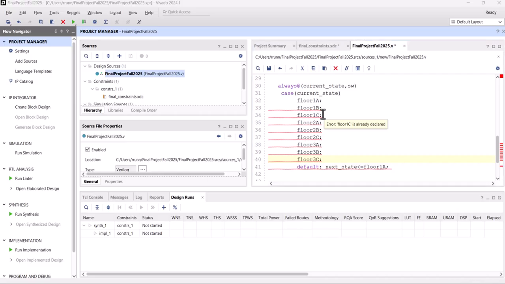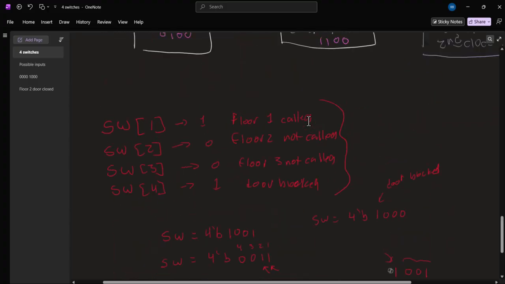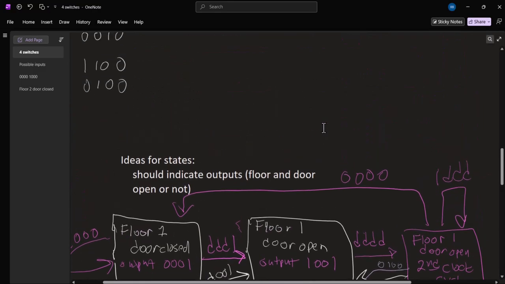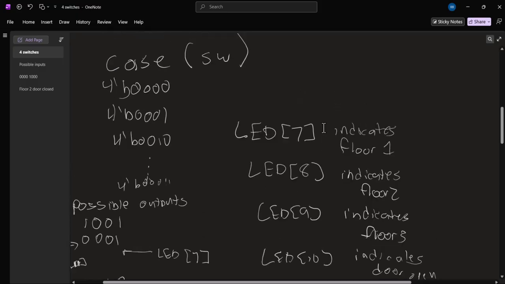Let's see if that matches our state diagram. We said, yes, we were on floor 1 with the door open. Oh, we had our output lit if the door was open and not lit if it was closed. Did I do that right?